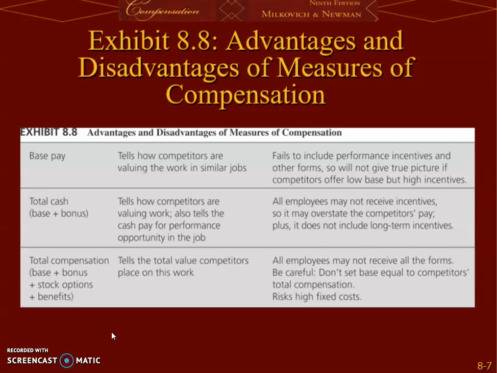I have to be very specific in what I ask for and very specific in the type of data that I'm getting. Otherwise, I might just get base pay from one organization and total compensation from a different organization and not know why those two values are so drastically different.